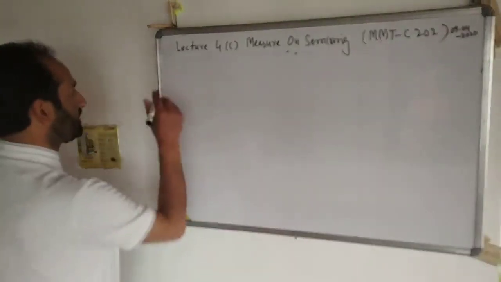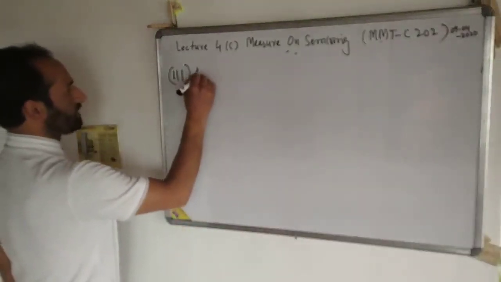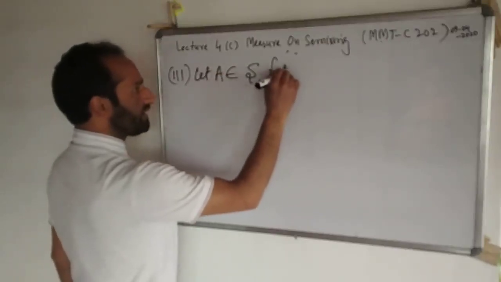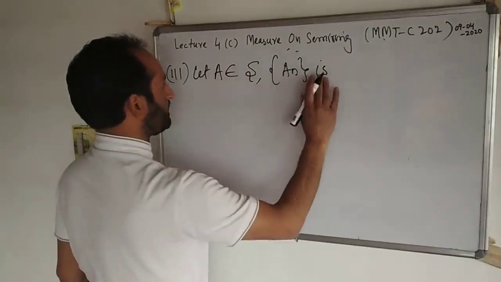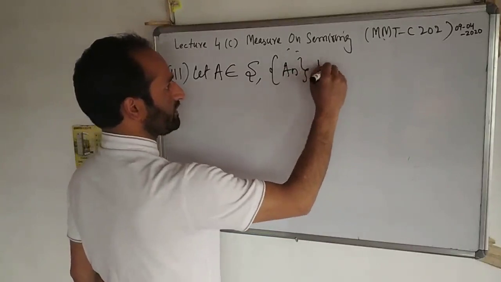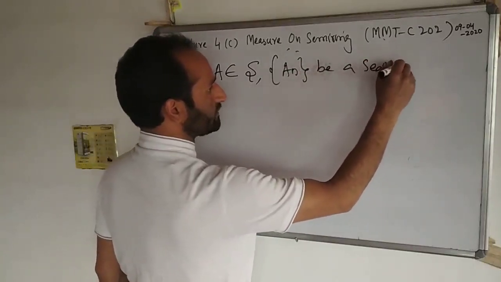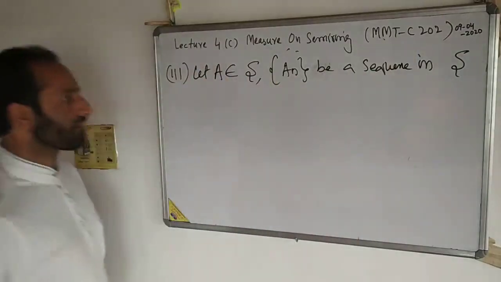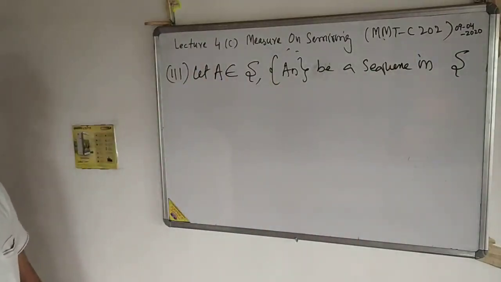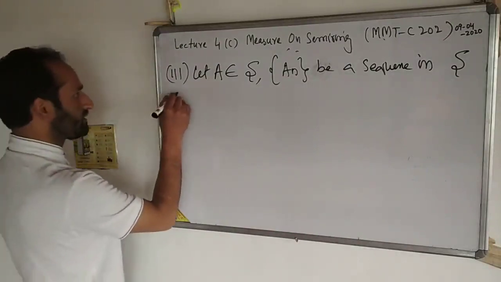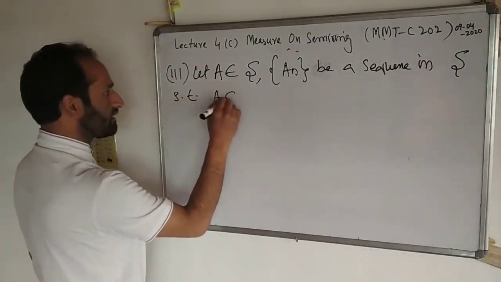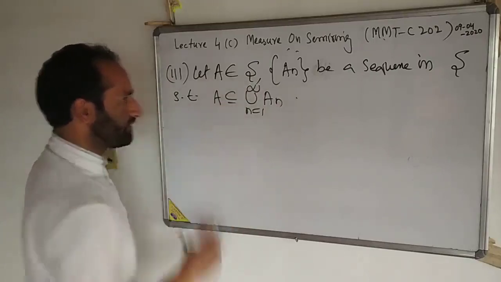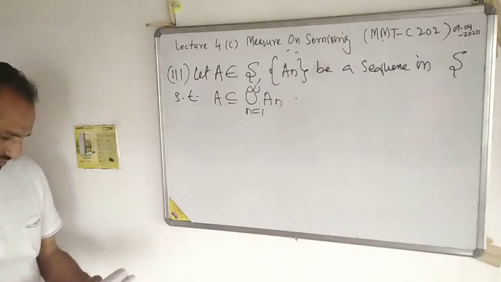So for the third part, let A be a member of S and let An be a sequence in S such that A is a subset of the union of An, n runs from 1 to infinity.